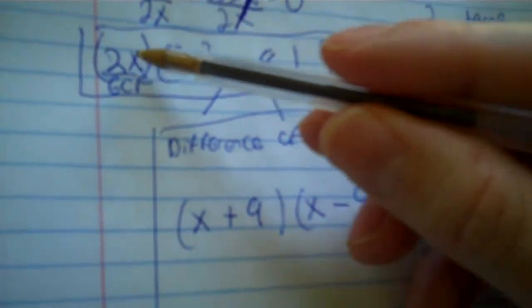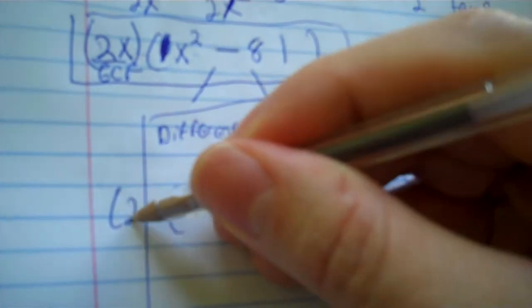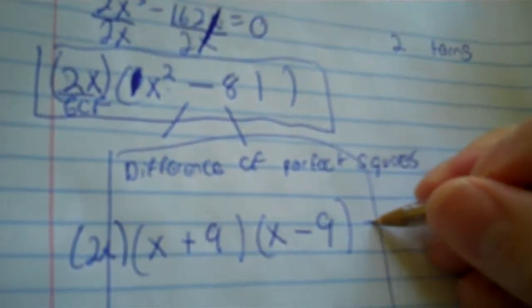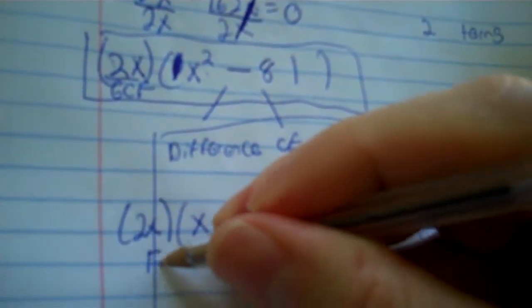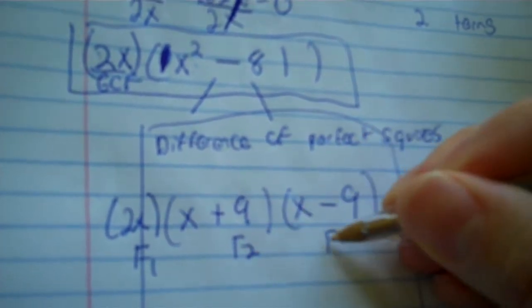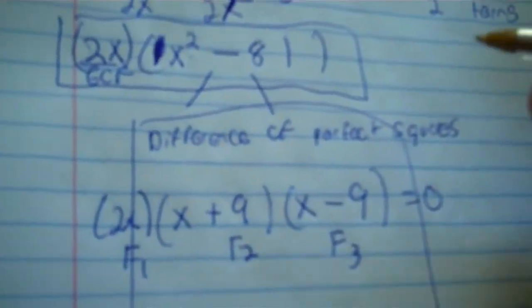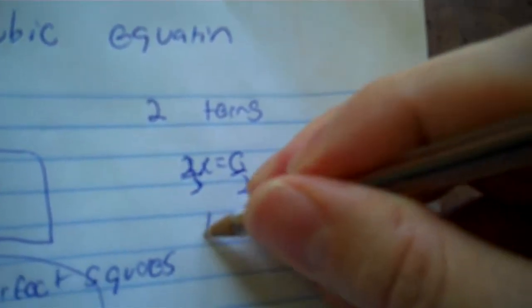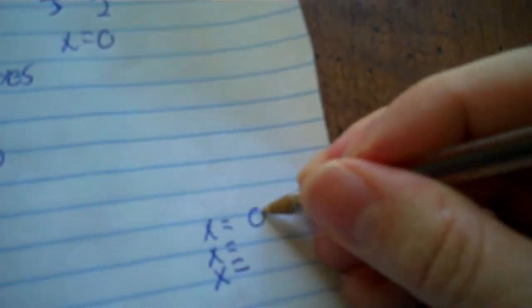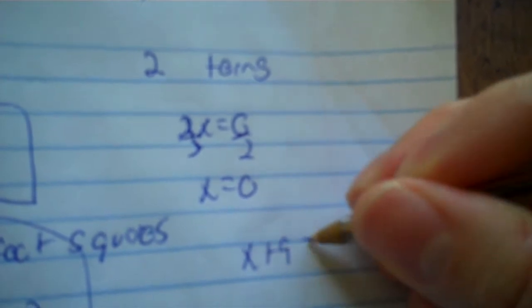Now that 2x factor, you need to drop that down. Now put equals 0, and you now have f1, f2, and f3. So f1, 2x could equal 0. So I divide by 2, and 0 is my first answer. f2, x plus 9 could equal 0.